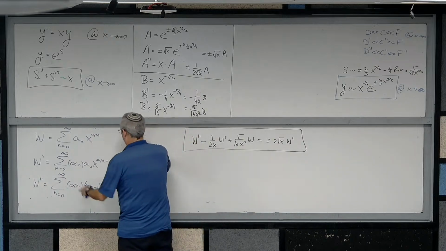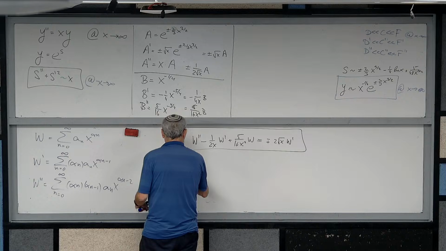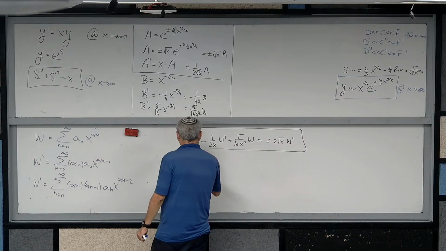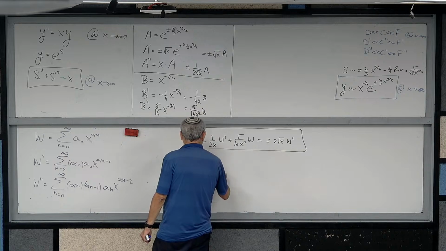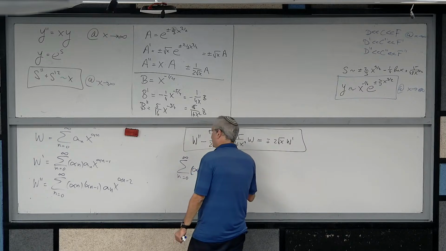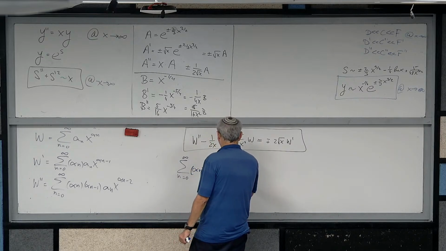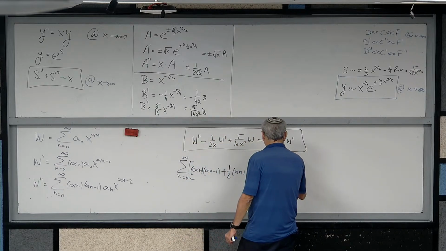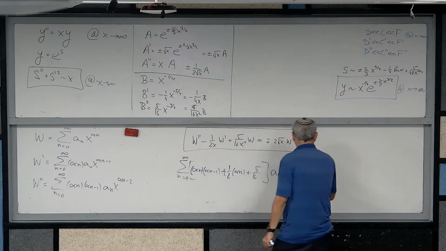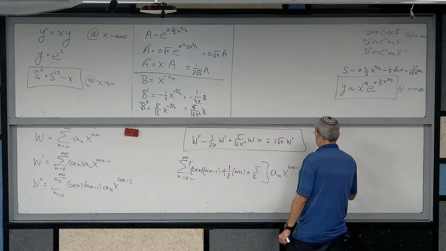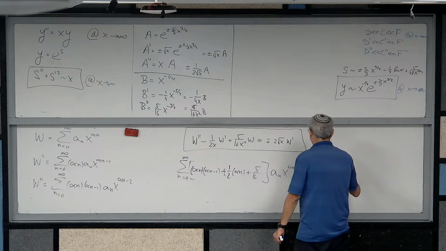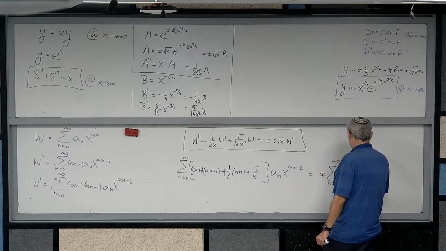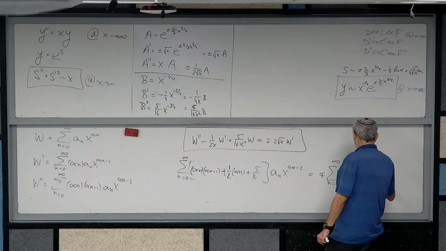So what I will get from this is the sum from n equals 0 to infinity of alpha_n times alpha_n minus 1, plus minus 1/2 alpha_n plus 5/16, all that times a_n x to the alpha_n minus 2, is equal to minus plus the sum from n equals 0 to infinity of 2 alpha_n a_n x to the alpha_n minus 1/2.